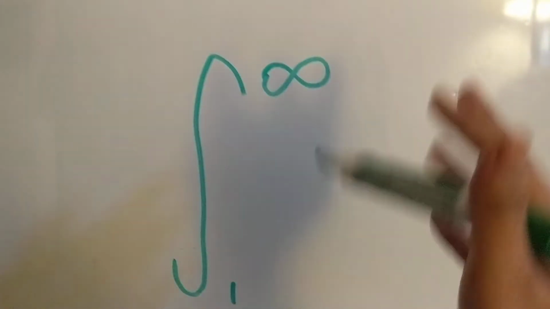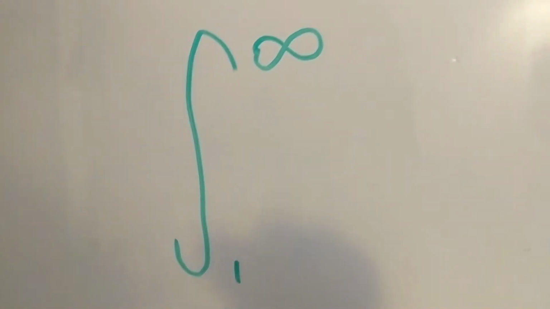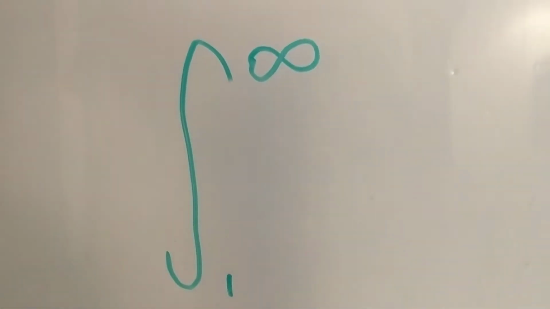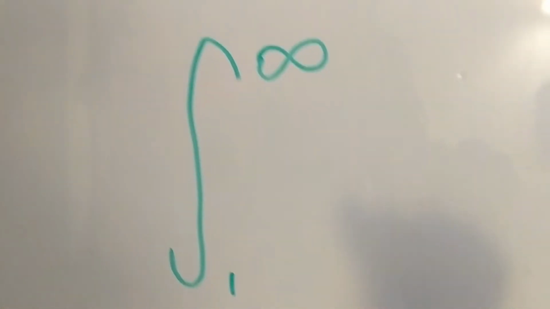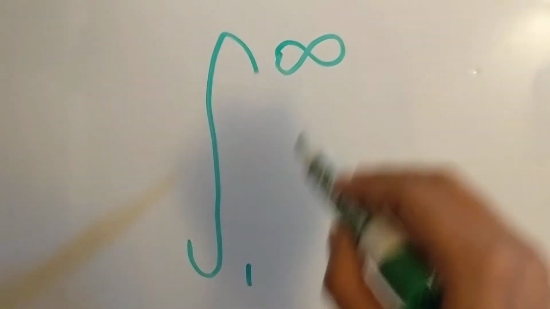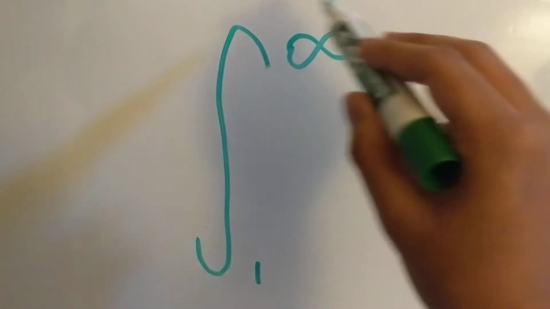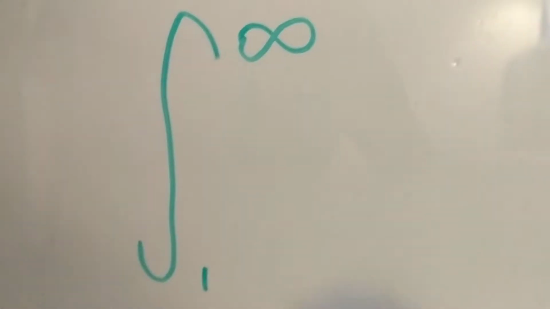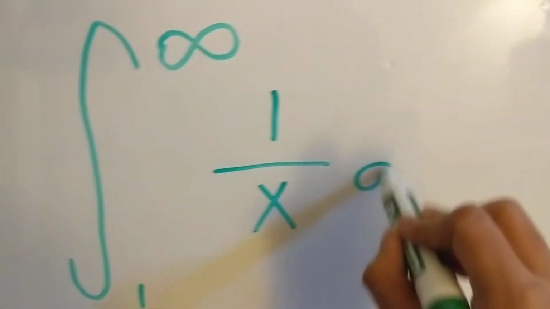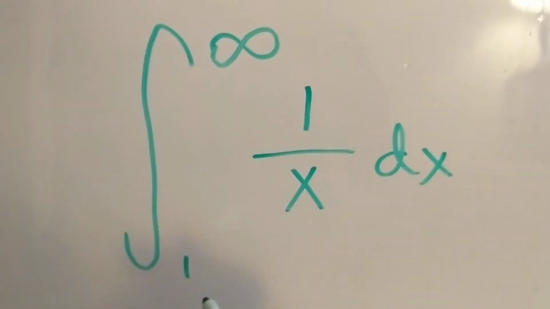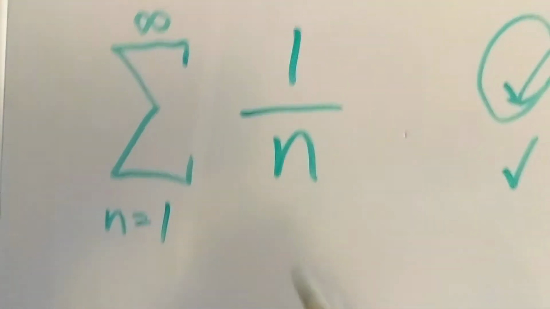So what do we do with the integral test? You might guess we need an integral, and we're going to need something called an improper integral, which I covered in an earlier video, which I'll put in a card above and in the description as well. An improper integral is basically one where one or more of the bounds goes to infinity. In this case, you just need one. So we write 1 over x dx, which is basically what we had here.